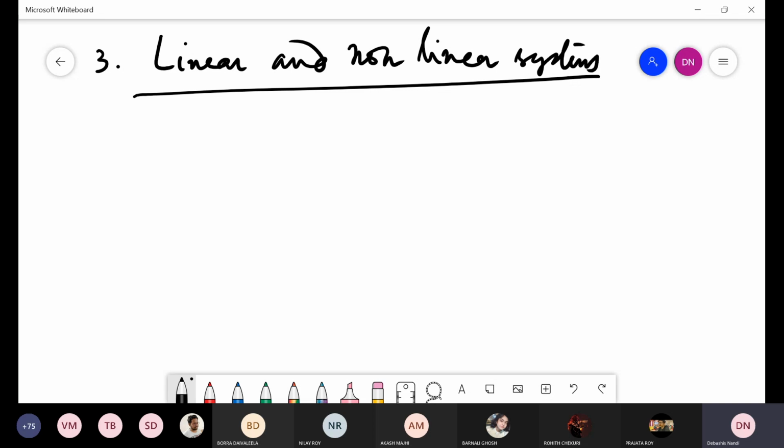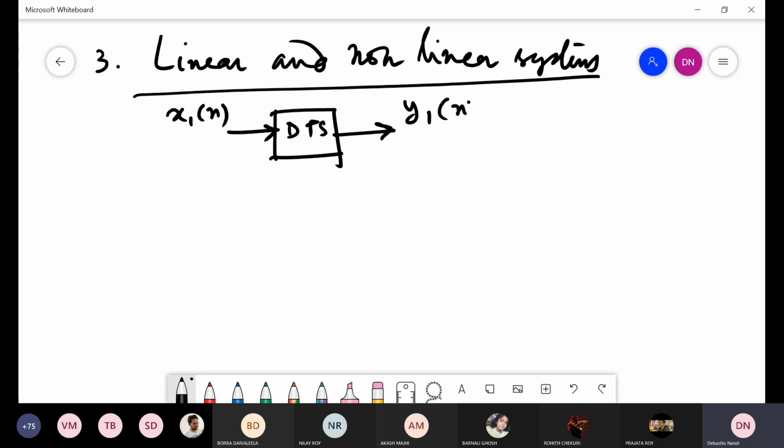Suppose I have a discrete time system, and at the input you give some input signal x1[n], and for that you get the output y1[n]. Then y1[n] is the response, or transformation, to x1[n].